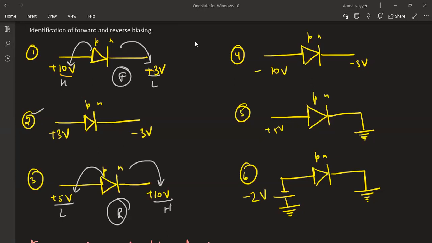Wafia, Samaira, Fahad, correct. Priyadarshini, correct. See, forward bias, definitely. This is 3, this is -3, this is higher, this is lower. P connected to higher, N connected to lower. This is forward biased. Answer me for the fourth part.